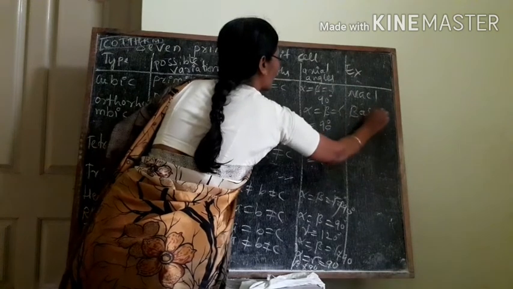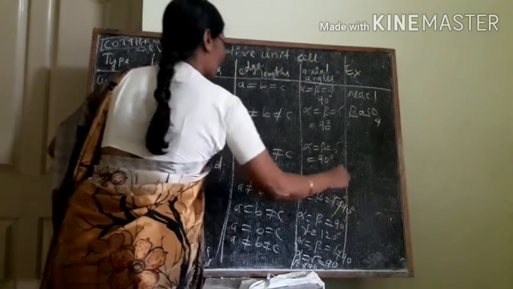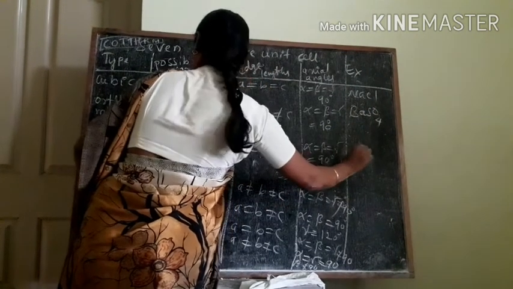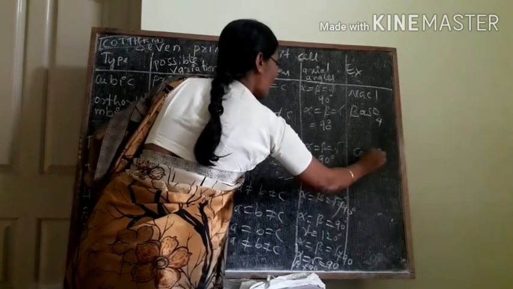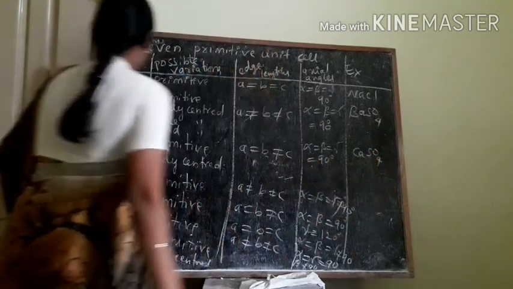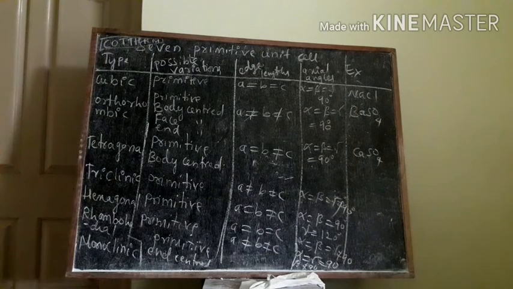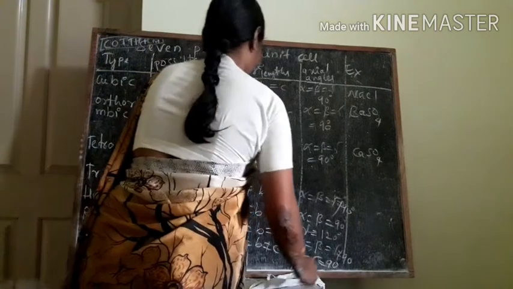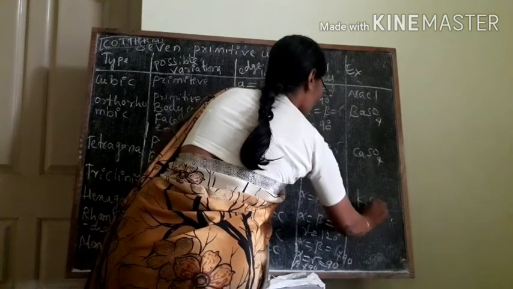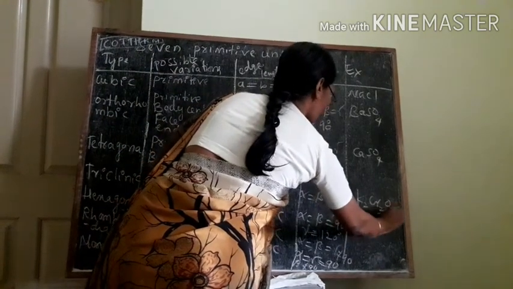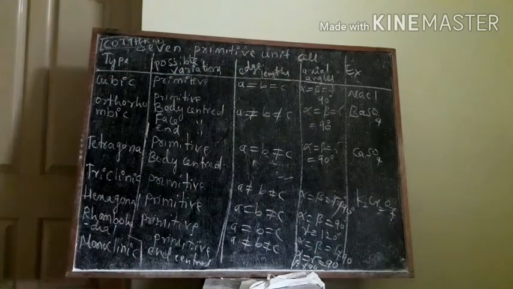Triclinic: K2Cr2O7. Various examples are there.